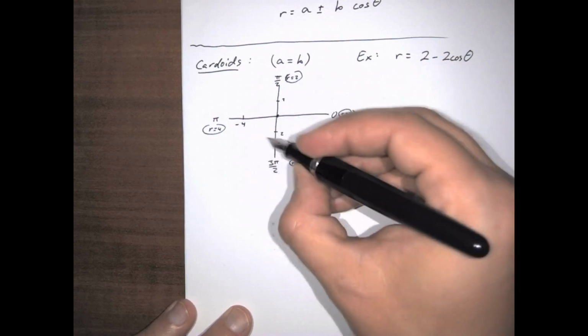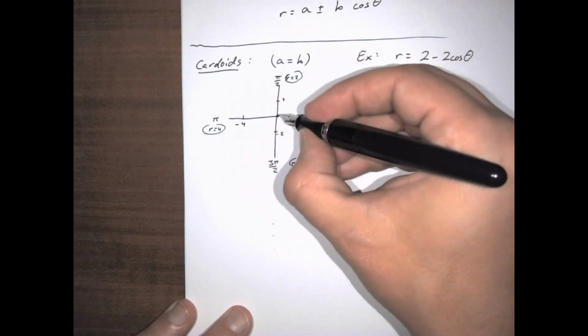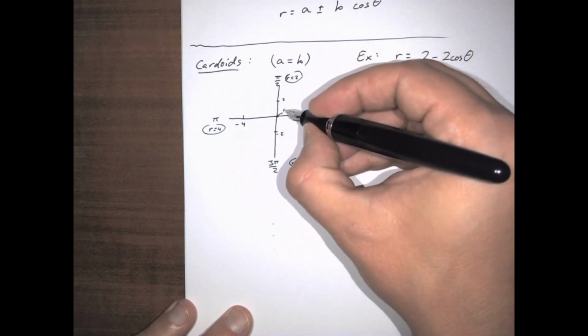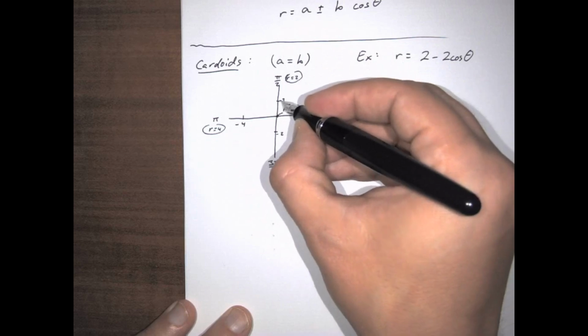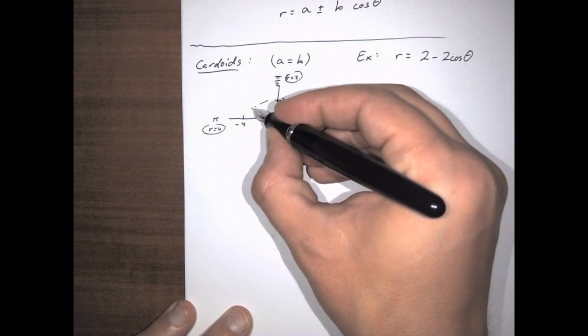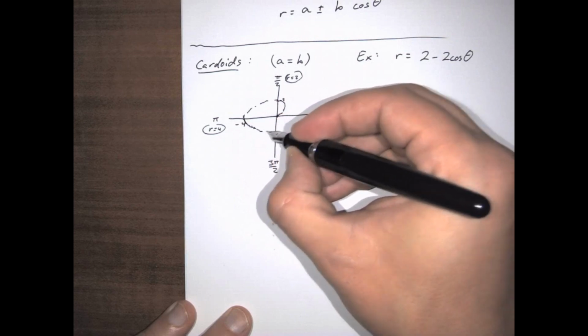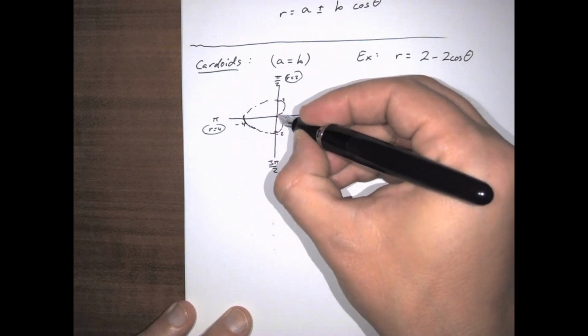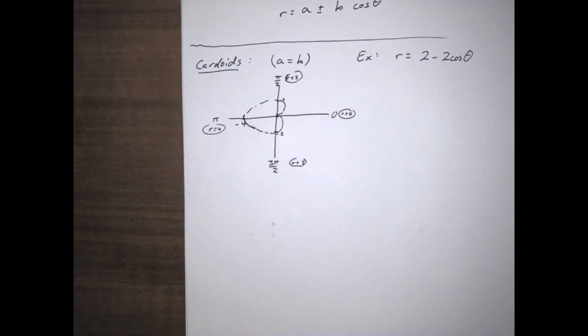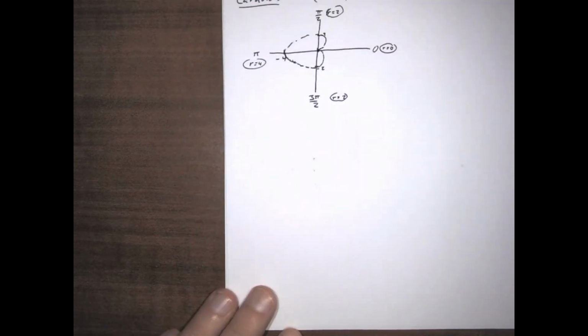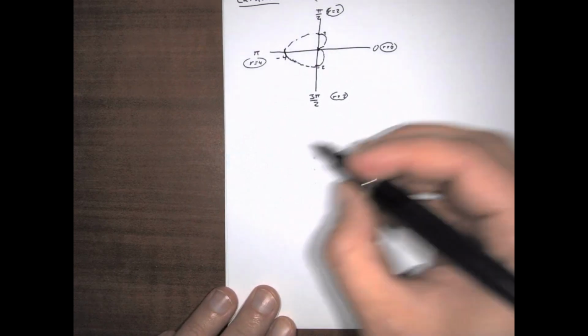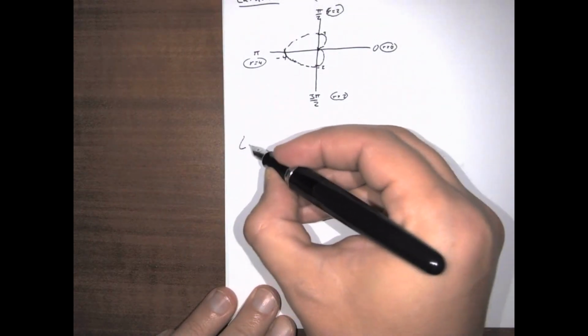And these ones are technically going to be negative. So it's going to go around and around. So that's what cardioids look like. And again, it's the cosine versus sine and the plus versus minus that will determine the orientations.